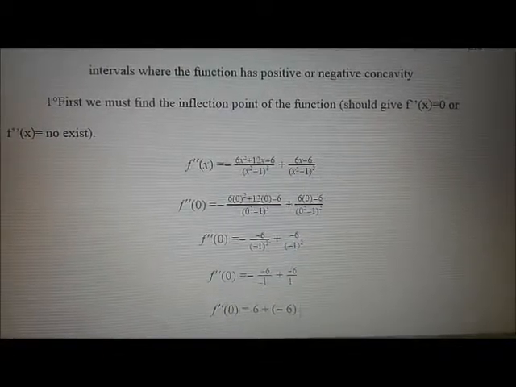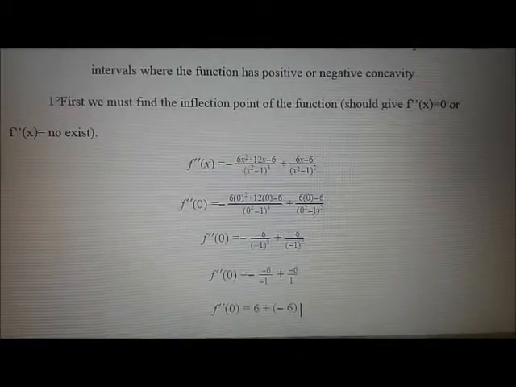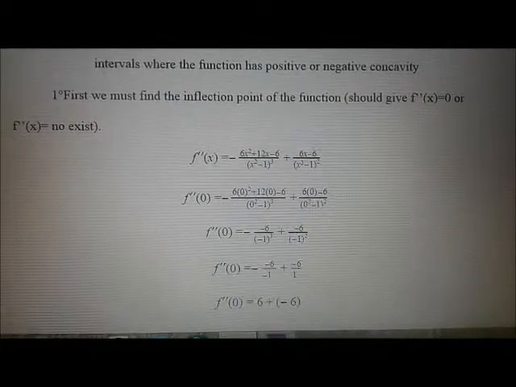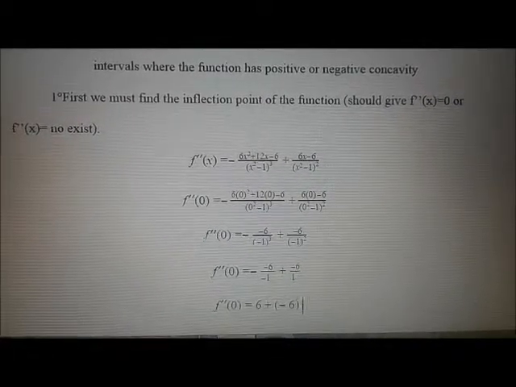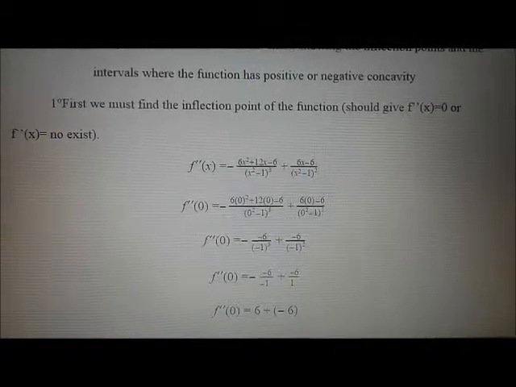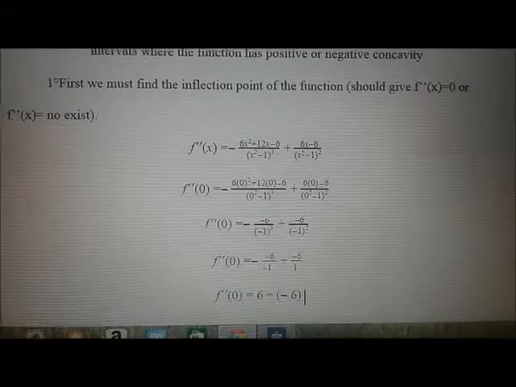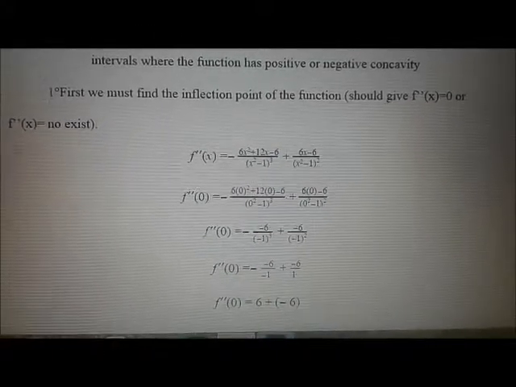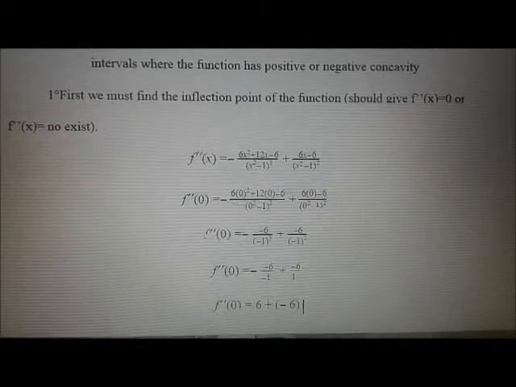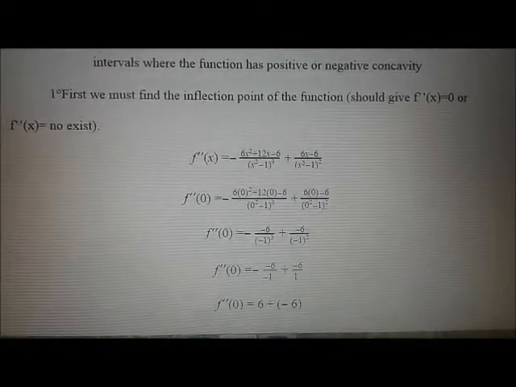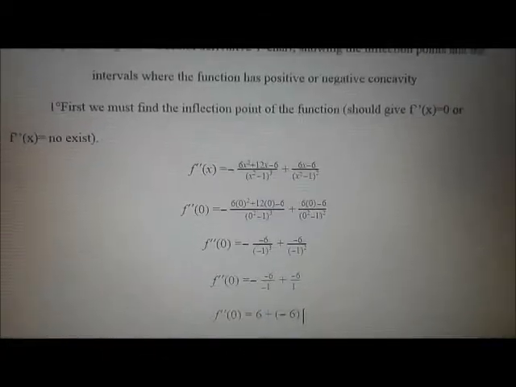So the result is −6 divided by (−1) cubed plus −6 divided by (−1) squared. That means −6 divided by −1, plus −6 divided by 1.